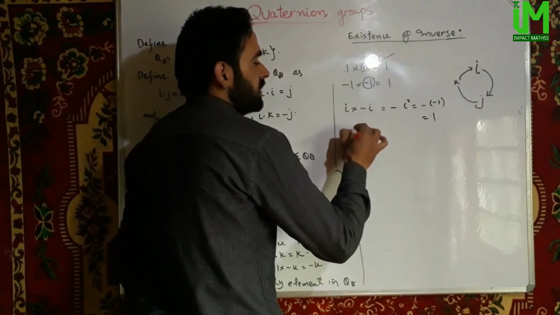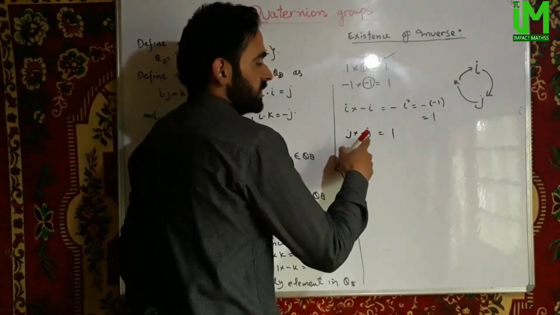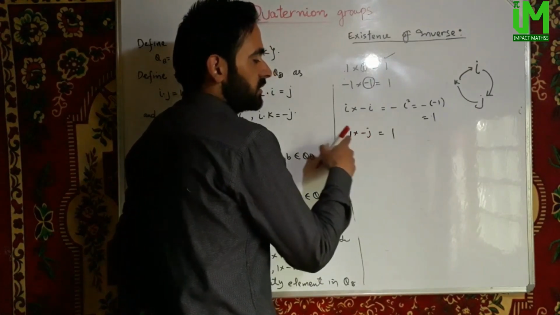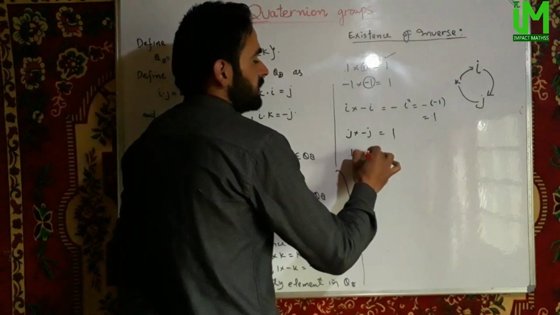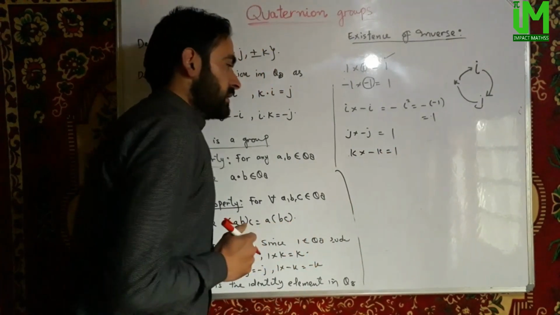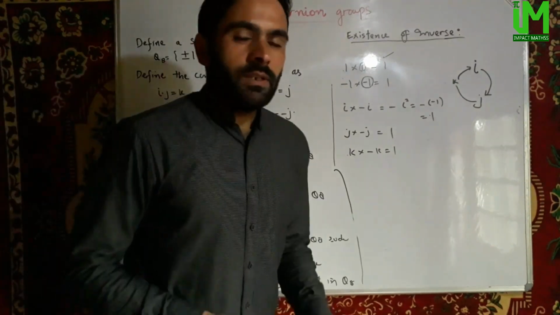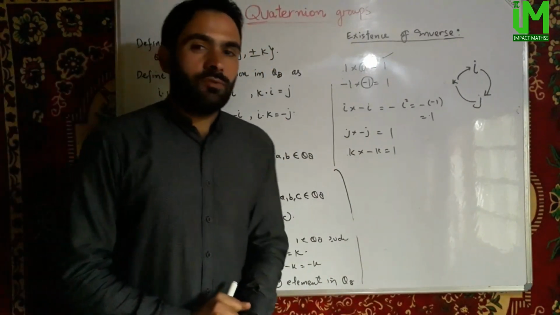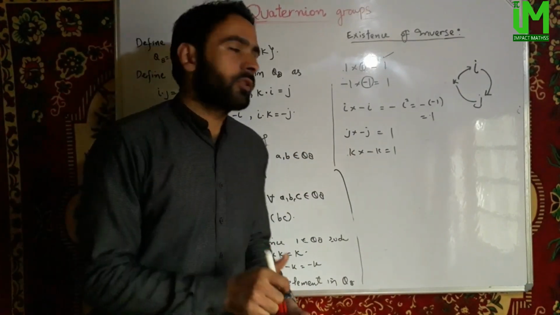Again, j into minus j will be again 1, which means minus j is the inverse of j, and j is the inverse of minus j. Similarly, k into minus k is equal to 1, which means minus k is the inverse of k. So this Q8 is a group because it satisfies all those properties for being a group.